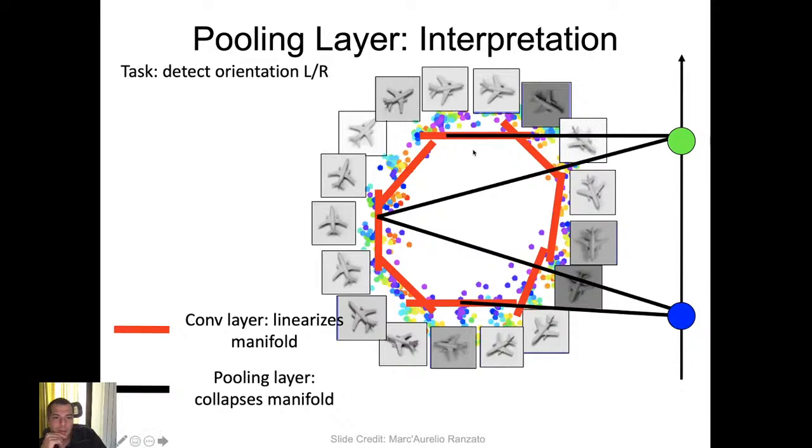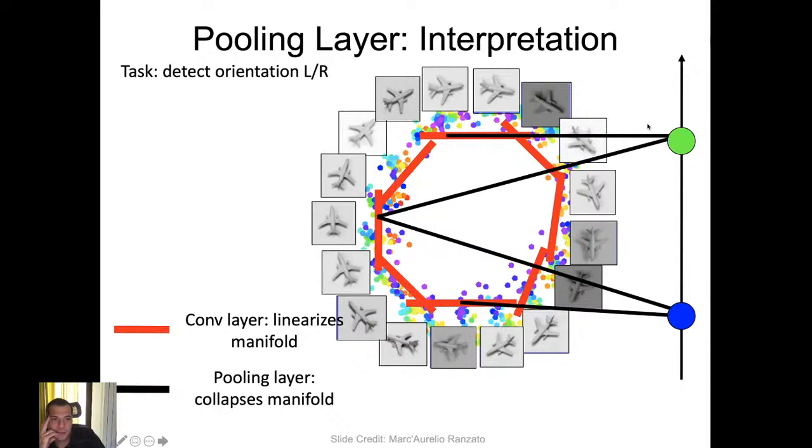So in this example, you kind of project all these linear manifolds into a single manifold, where the same object, the same filter, should go in the same region of the manifold.